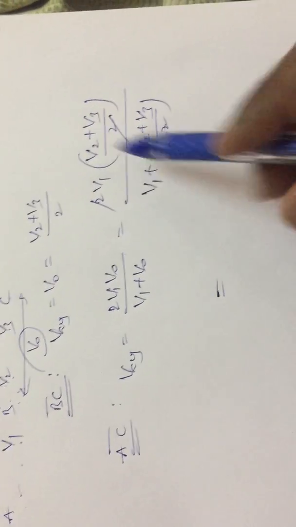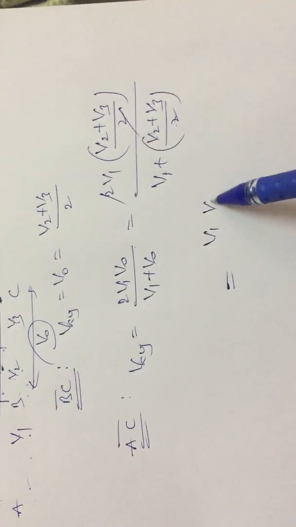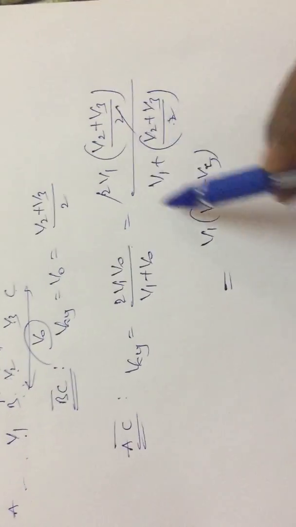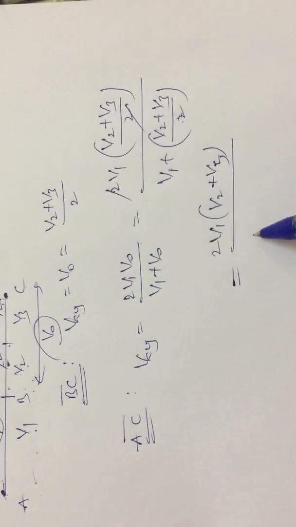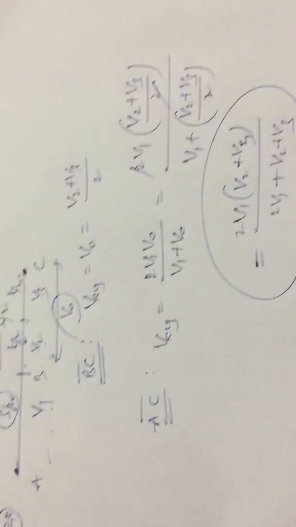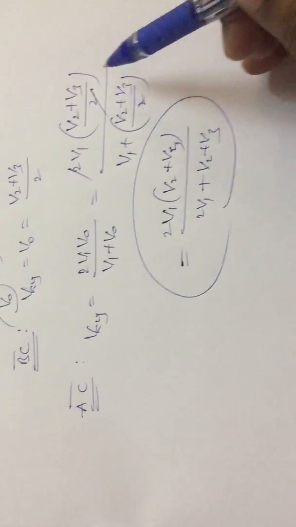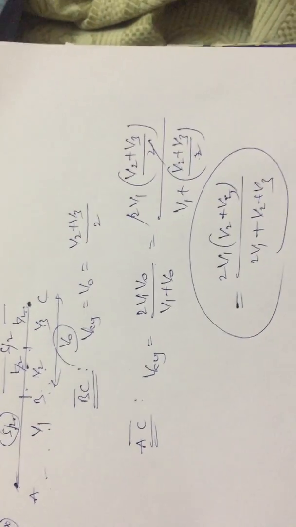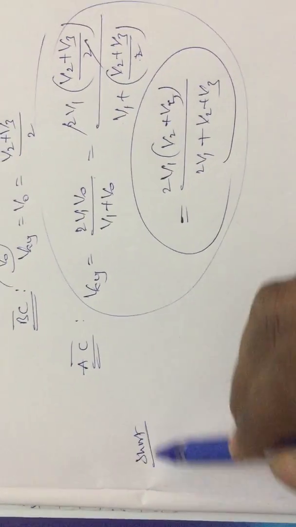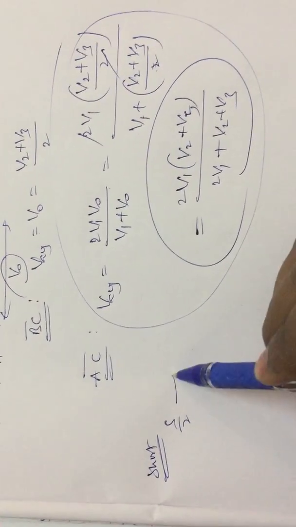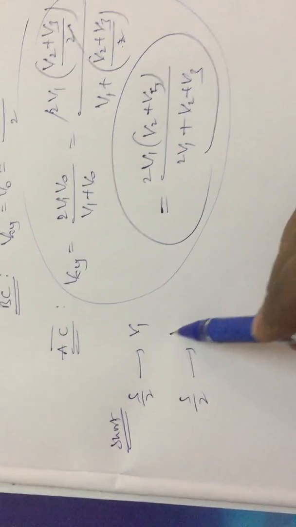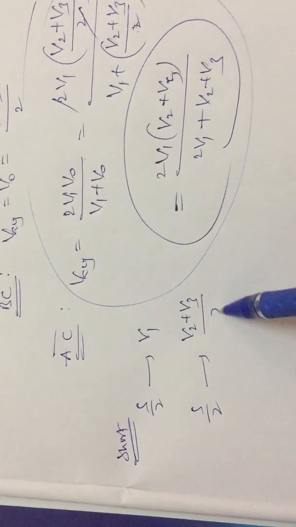If we take the LCM, this 2 goes to the numerator, and we simply write 2V1 plus V2 plus V3. There is also no need to use this particular formula. Here is the shortcut method I just told you: distance s by 2 is covered with speed V1, and the remaining s by 2 distance is covered with speed (V2 plus V3) by 2.